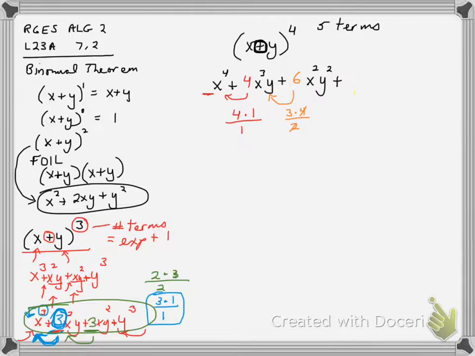Figure out the next coefficient. To figure out the next coefficient, I must always look to the previous term. My exponent of the x's is 2. My numerical coefficient is 6, and I'm the first, second, third term. 3 goes into 6, 2 times 2 is 4.